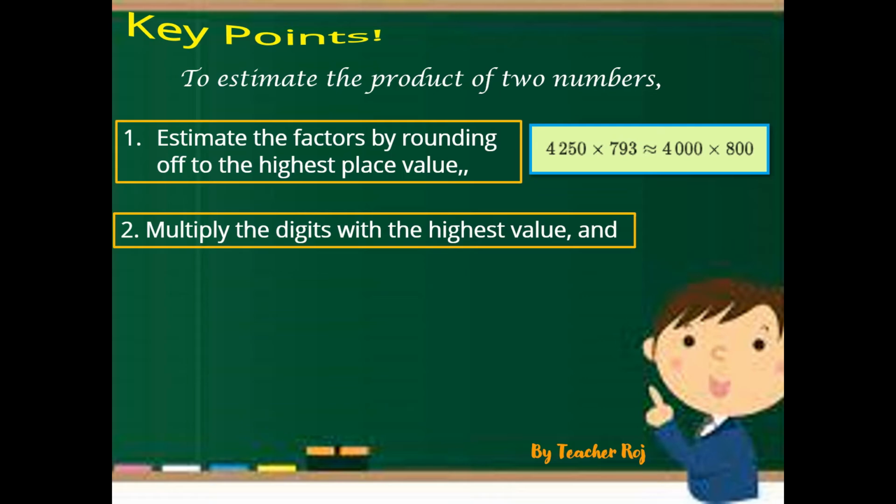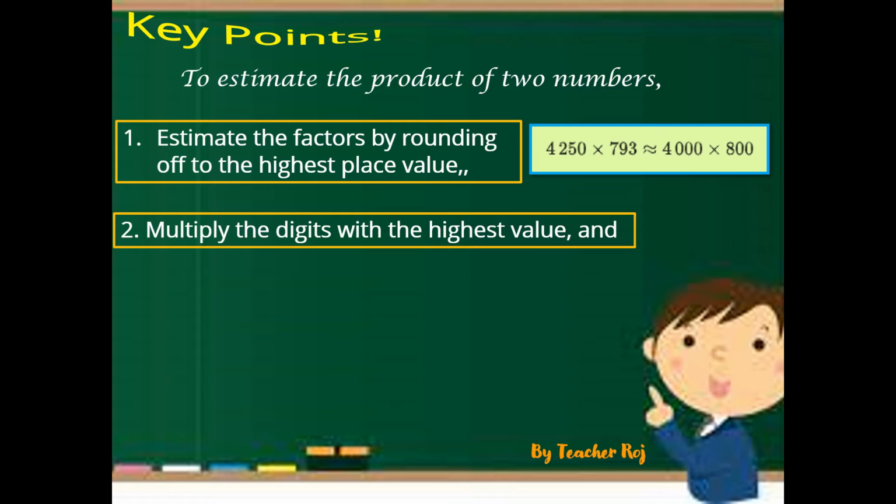So, yun sa 4,000 at 800. So, sa 4,000, syempre 4. Sa 800, 8. O, i-multiply mo yung 4 and 8. Anong sagot? Okay, that is 32. Yan, 32. So, tandaan mo, mayroon kang 32.